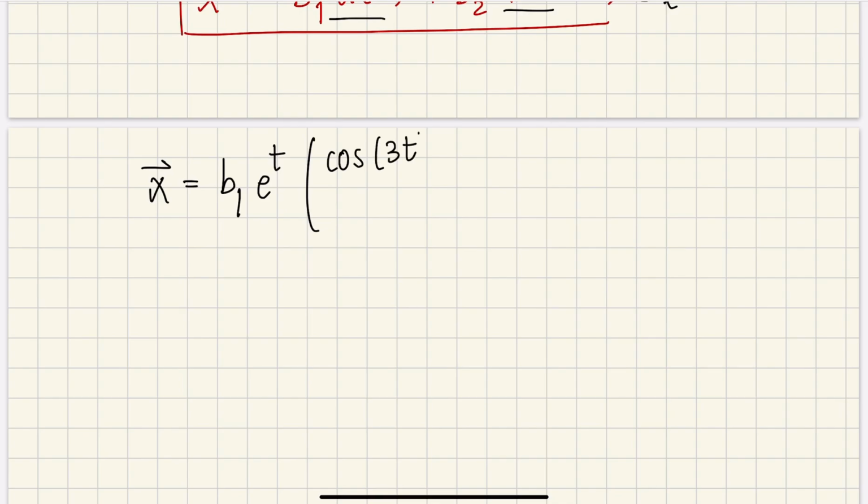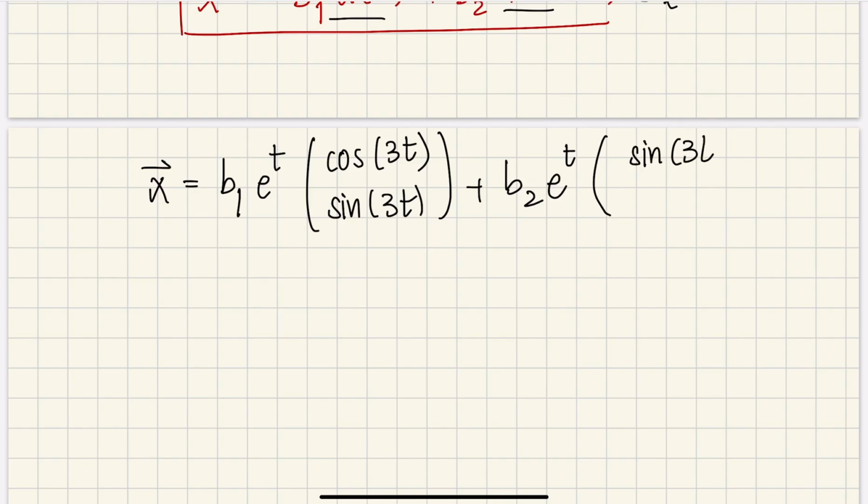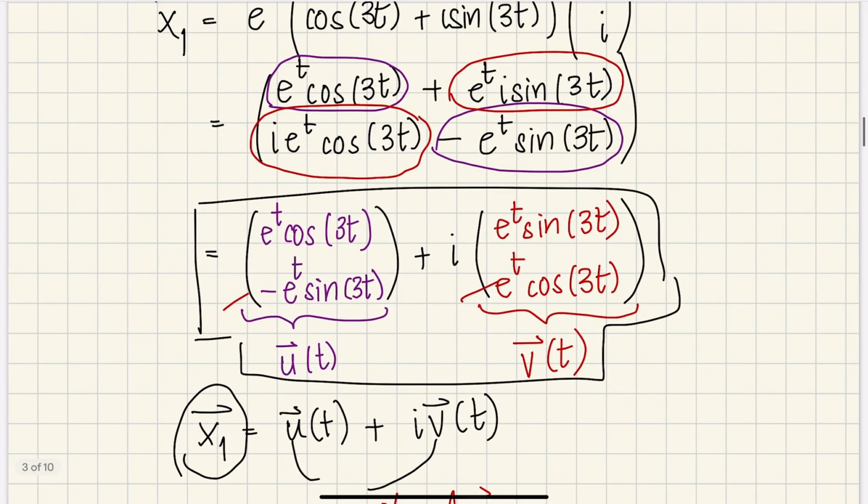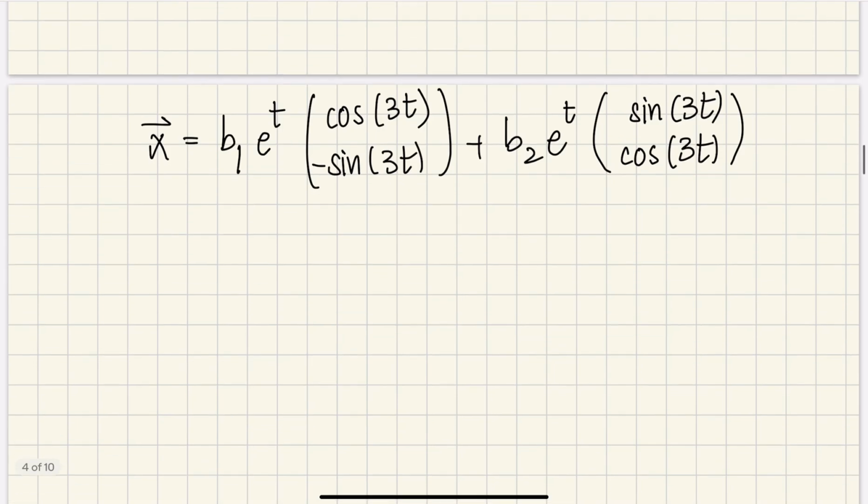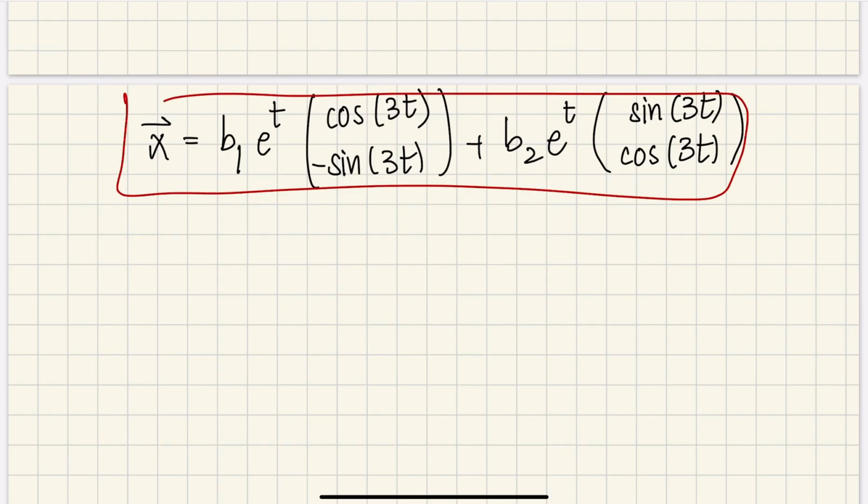Cosine 3t, sine 3t, plus b2 e to the power t, sine 3t, cosine 3t. I'm sorry, this has a negative sign. And there you go, we're done. This is the final solution.